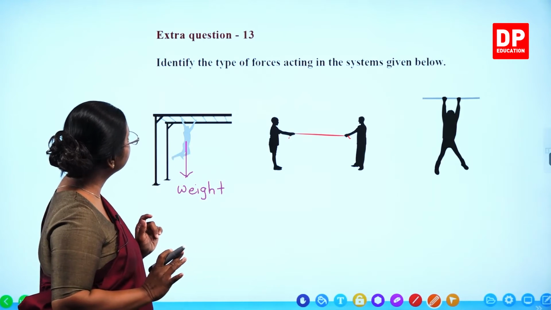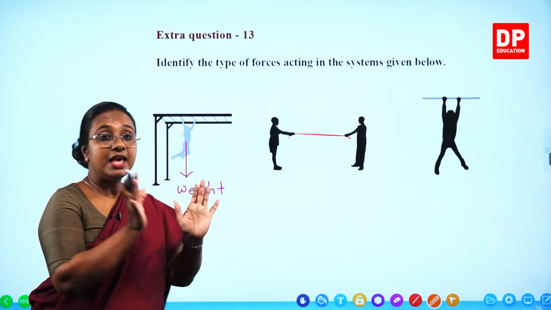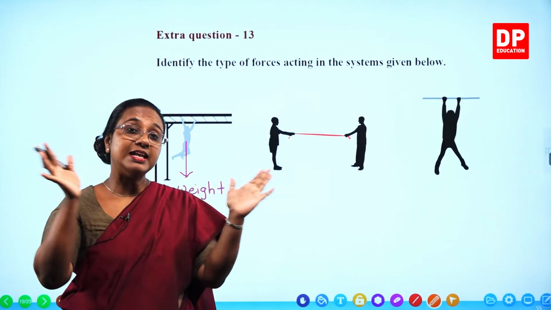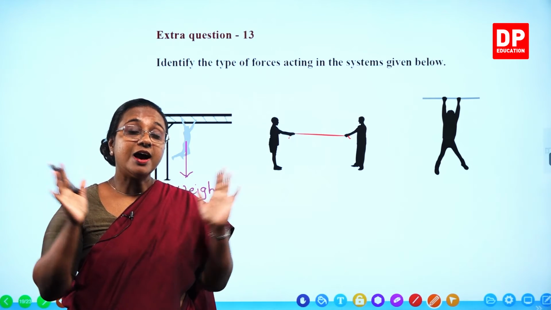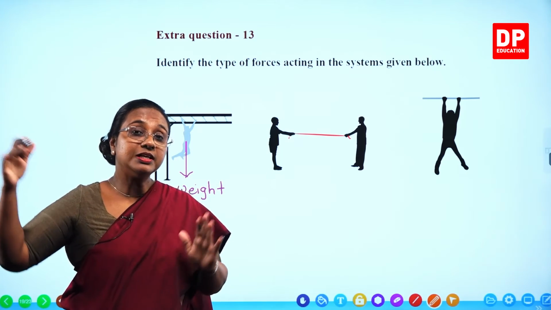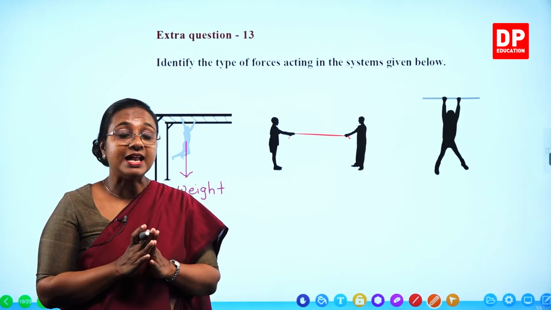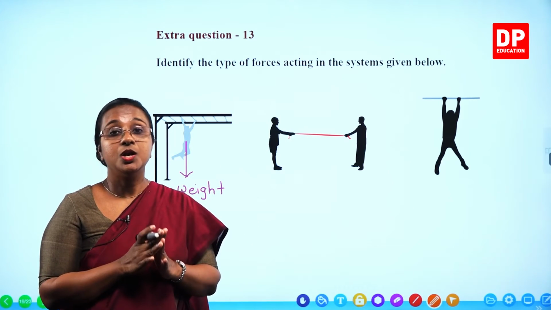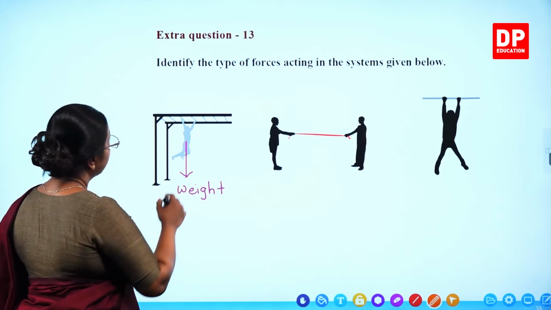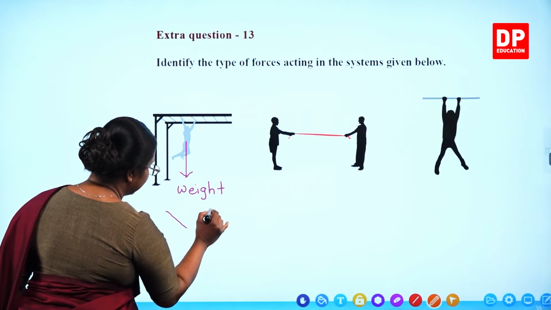Then, if you look at the hands of the person, they are wide apart. They are at an angle. So, there will be tension along the hands, but will that be parallel? No. Here the forces are going to be at an angle.